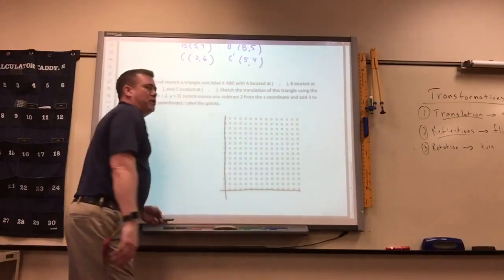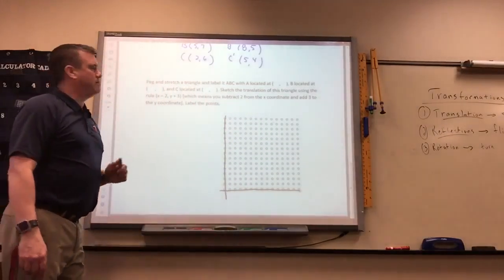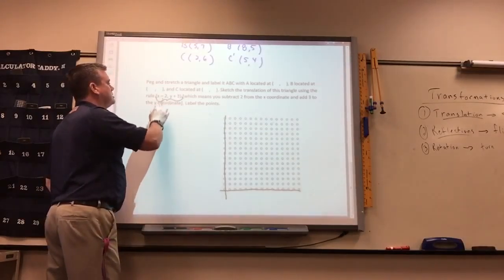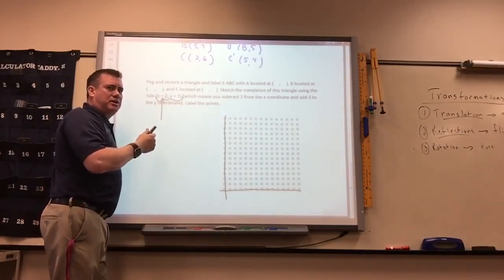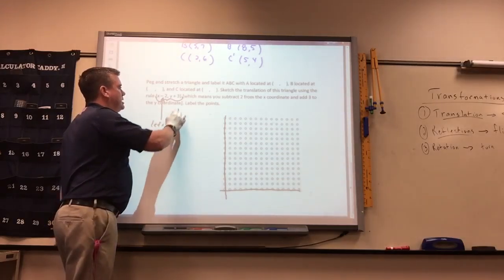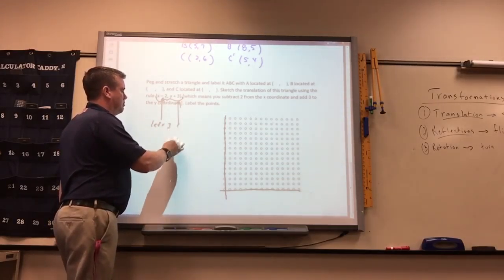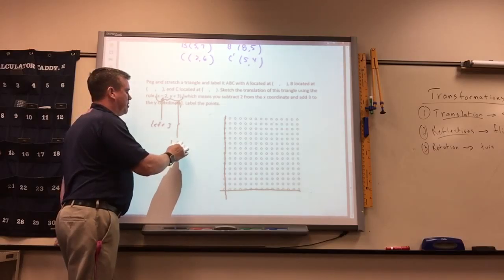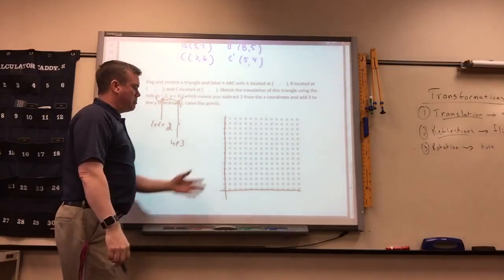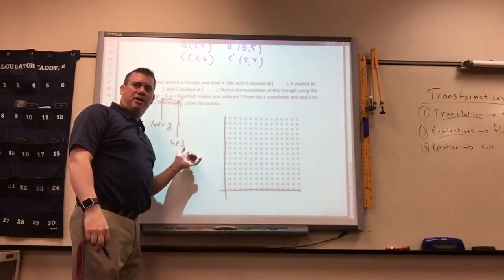So, now before you put this in, let's look and see what they're going to have us do first. Here's the rule. X minus 2 means you're going to move it left 2. And y plus 3 means you're going to move it up 3. So, you don't want to put it right on the edge because that'll put it off your graph, right?